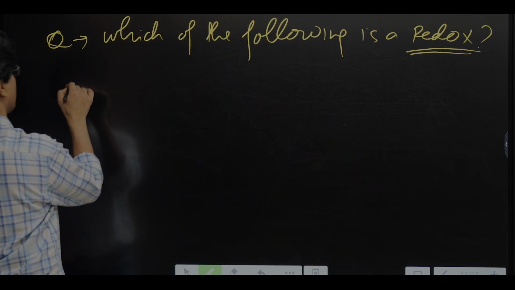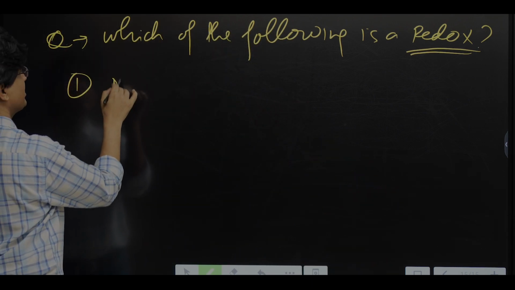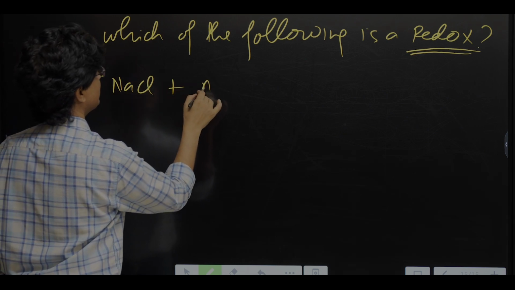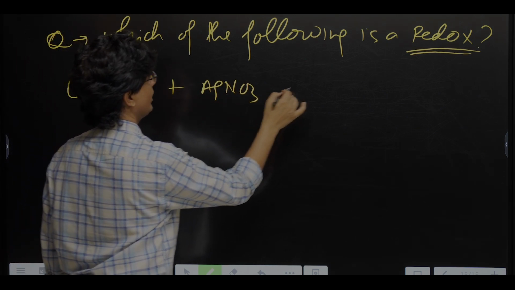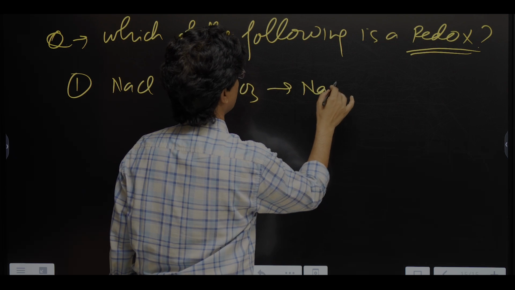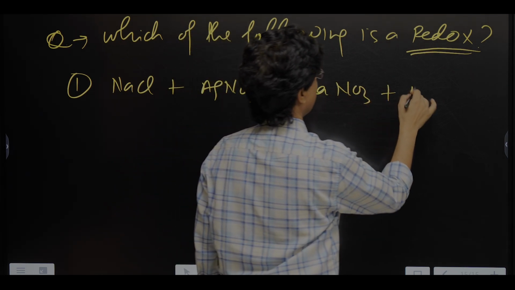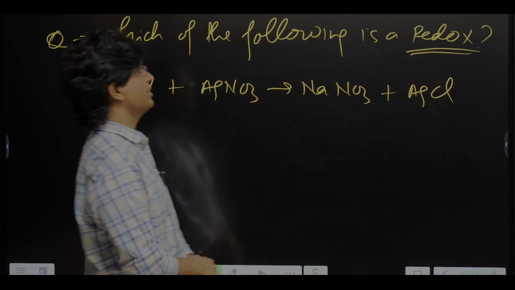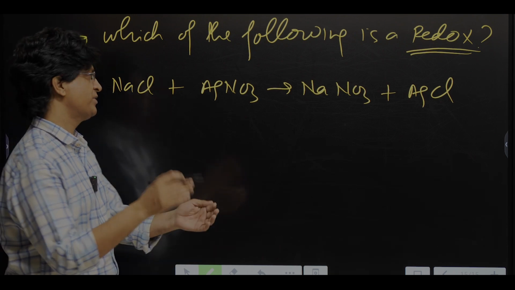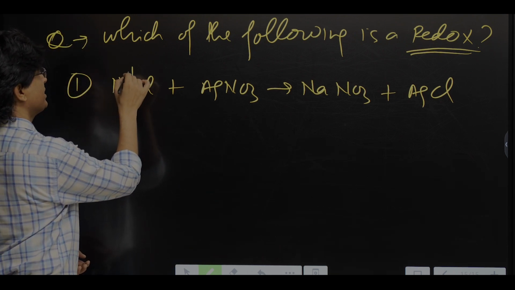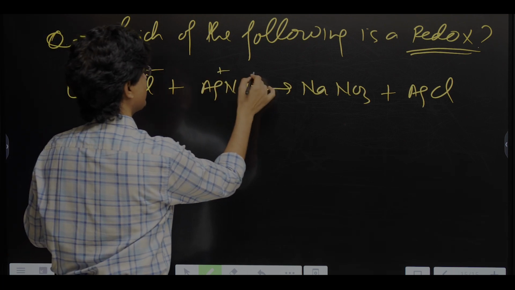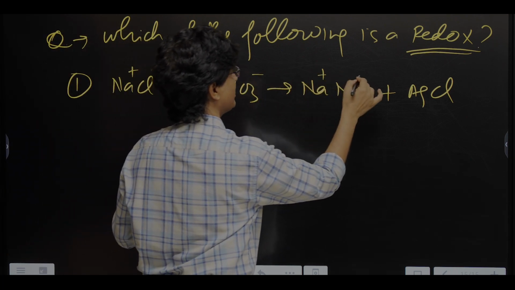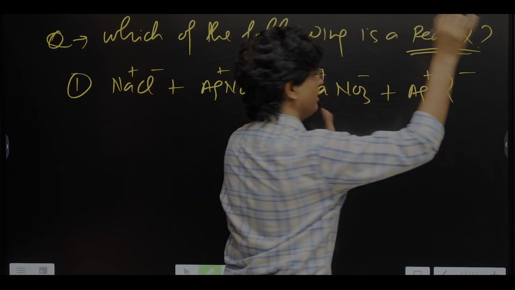Let's check. First one, NaCl plus AgNO3 going to give you NaNO3 and AgCl. Do you think this is a redox reaction? Let's check it out. So this is Na plus, Cl minus, Ag plus, nitrate, Na plus, nitrate, Ag plus, Cl minus.